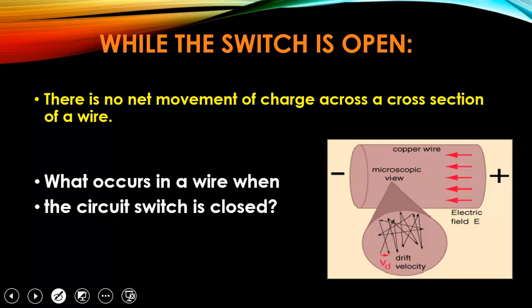The electric current moves from the positive, which is called the area of higher potential, to the area of lower potential. So if we close the switch, the electric current will pass from the positive position to the lower position.